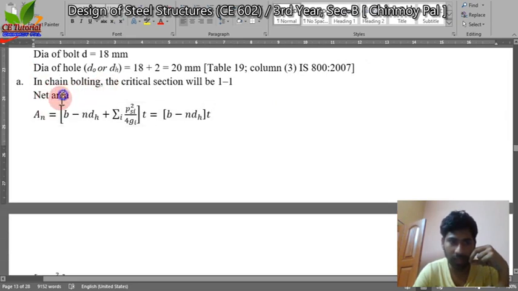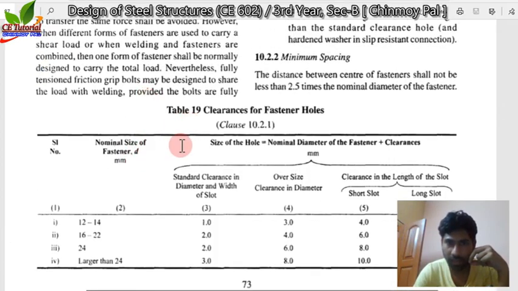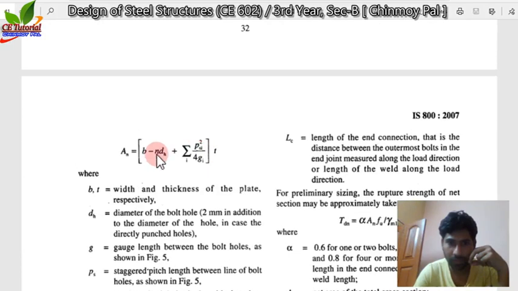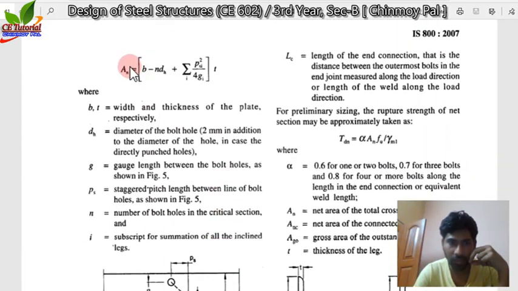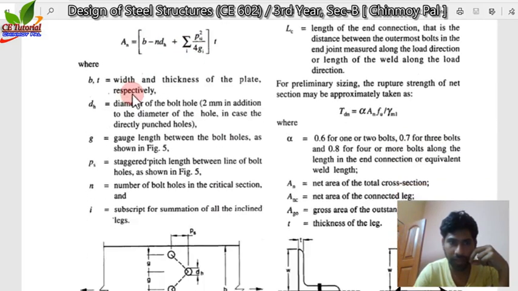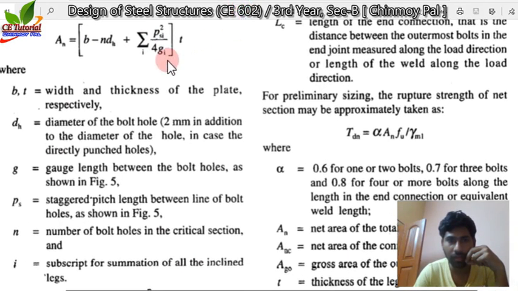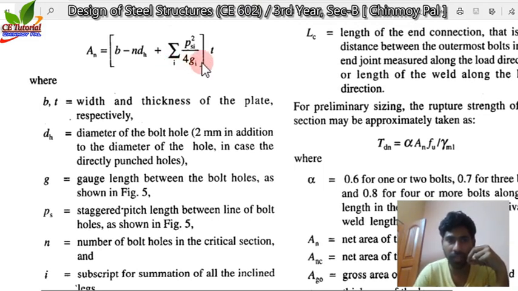To calculate the net area, we need this formula. This formula comes from IS 800, page number 33. This is the formula: An is equal to B minus n dh plus summation of p si square by 4 gi into t.